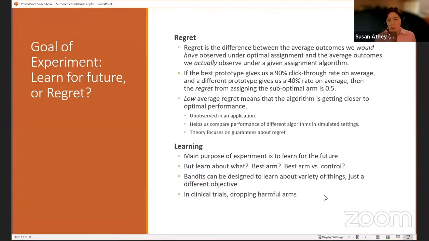Another way this comes up, and of course, as we continue to be in a pandemic, these issues have come up a lot, is in clinical trials, dropping harmful arms. How do we economize on learning about drugs?